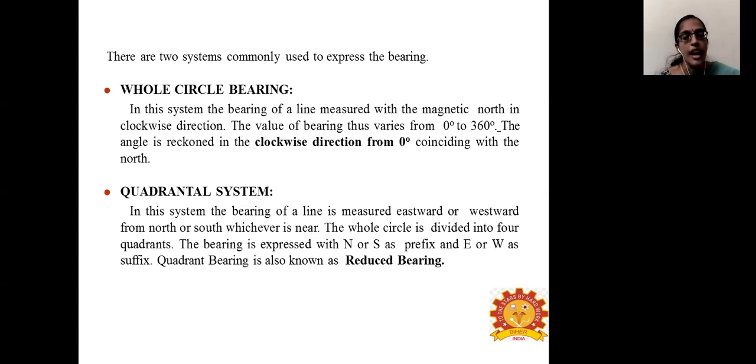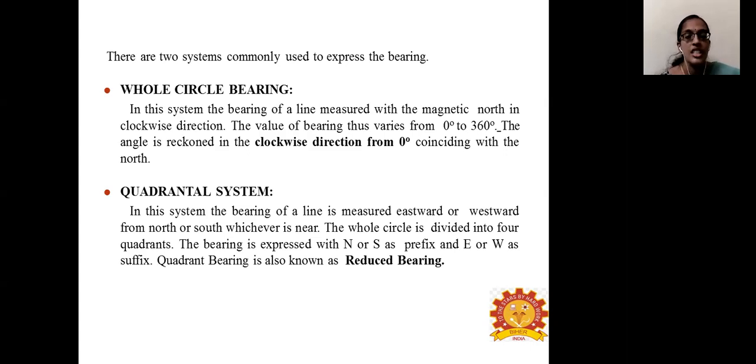And in the case of the quadrantal bearing system, the bearing of a line is measured in terms of eastwards or westwards from the north or south direction. Whichever is nearer, we can take those readings. The whole circle bearing is divided into 4 quadrants. That is, 0 to 90 first quadrant, 90 to 180 second quadrant, 180 to 270 third quadrant, 270 to 360 fourth quadrant.